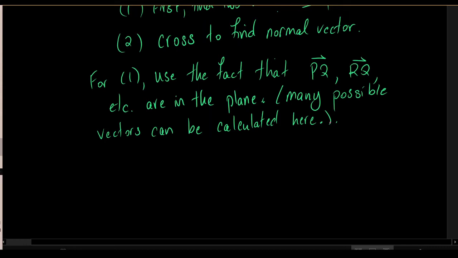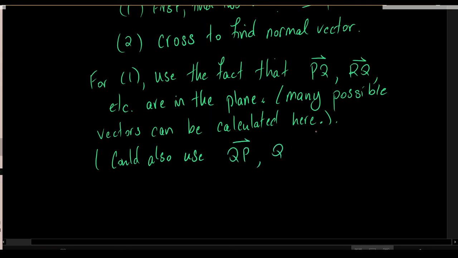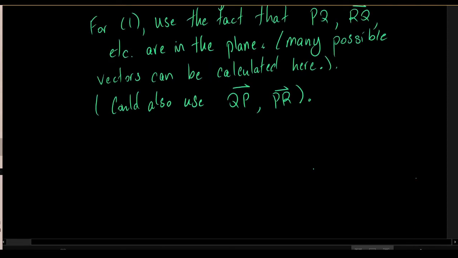I have just chosen, basically at random, the vector that stretches from P to Q and the vector that stretches from R to Q. But you could just as easily use the vector that stretches from Q to P, or the vector that stretches from P to R. That hasn't been used at all. Once again, it might make your equation look slightly different at the start of your work, but it will be the same equation as someone else's after simplification.